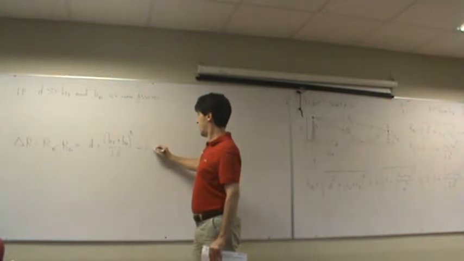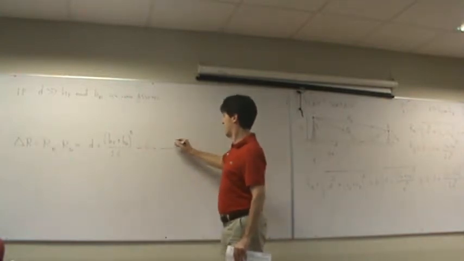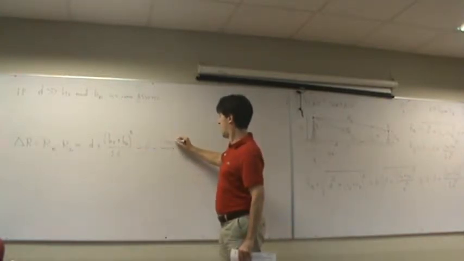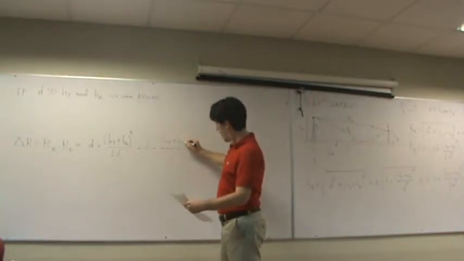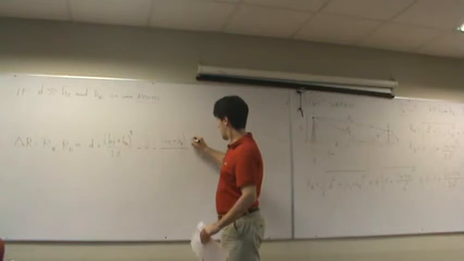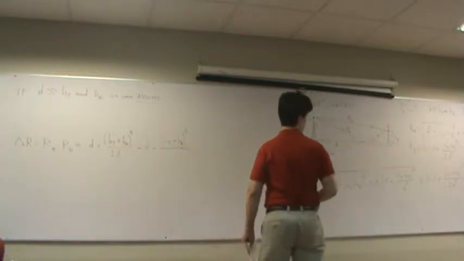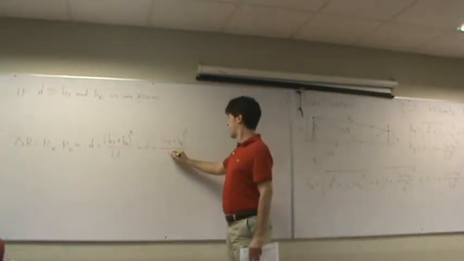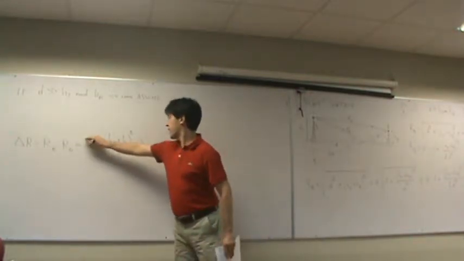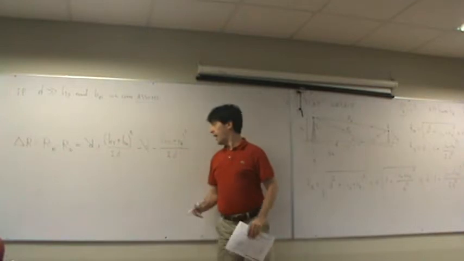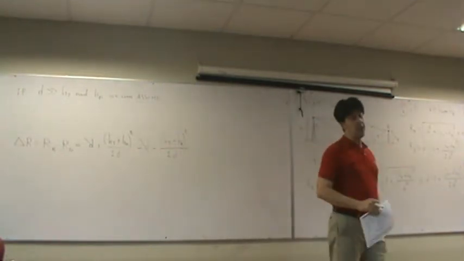Minus d minus, ht minus hr is the same thing, squared divided by 2. Okay, so these things cancel out. And actually, a lot of things cancel out there.